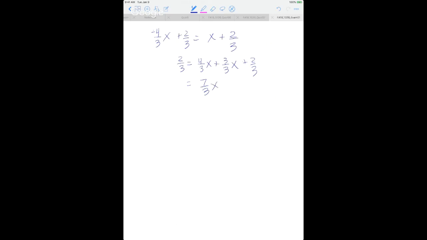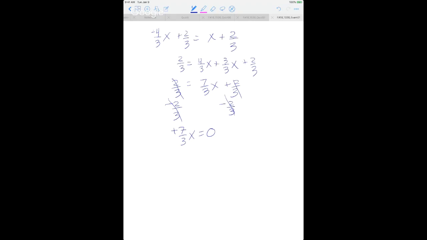Oh man, a lot of adding fractions in this problem. 2/3, 2/3 on the other side. Wait a minute, the next step is to subtract 2/3 minus 2/3. Positive 7/3 x is equal to 0.